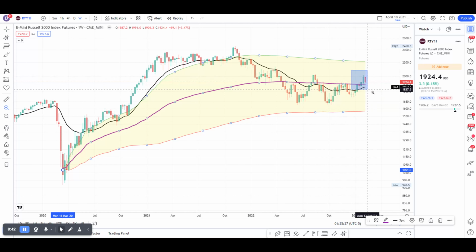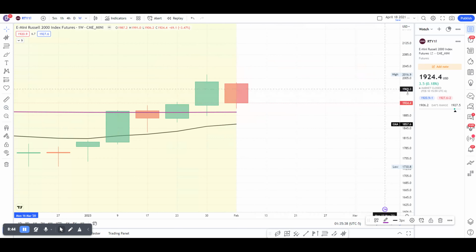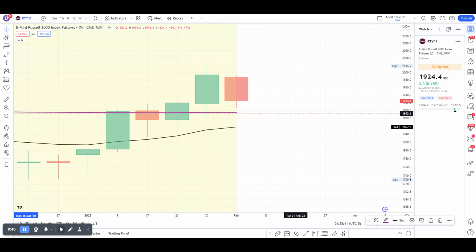We went up, retraced down, probably for liquidation sakes, and the VWAP is just below the 1900 here at 1895, let's say. So it's still above that 20 EMA on the weekly. We should be protecting it.